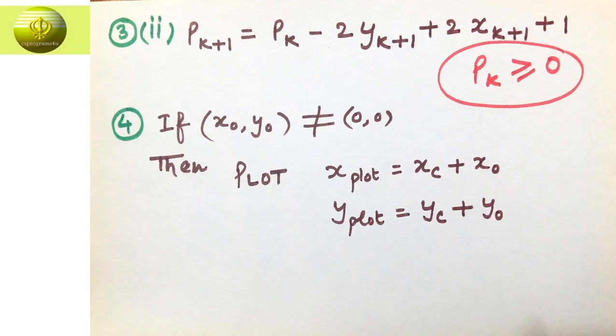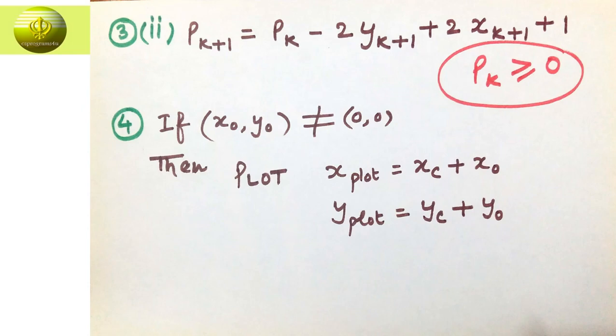Now, if the center of the circle is non-zero, then what will happen? It means we can plot the new point, that's xc plus x0 and yc plus y0.